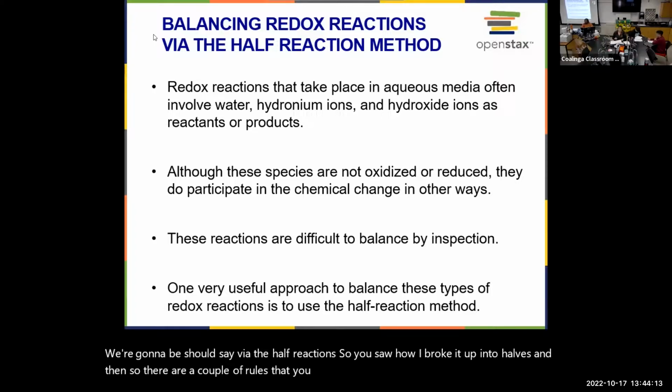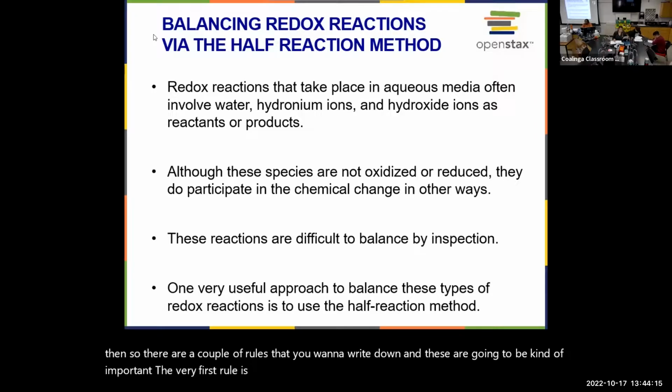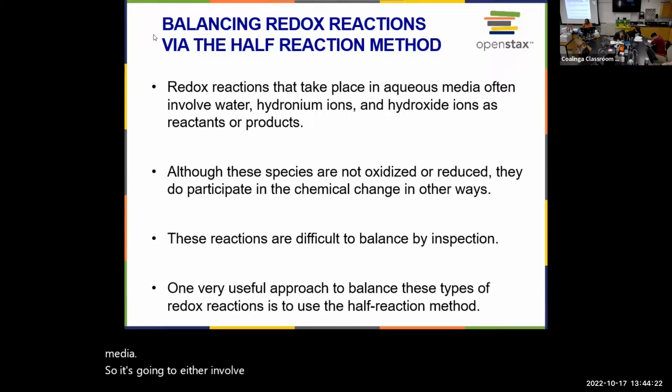The very first rule is that redox reactions are going to take place in an aqueous medium. So it's going to either involve water, the hydroxide ion, the hydronium ion, and you're also going to have those as potential products, either reactants or products.